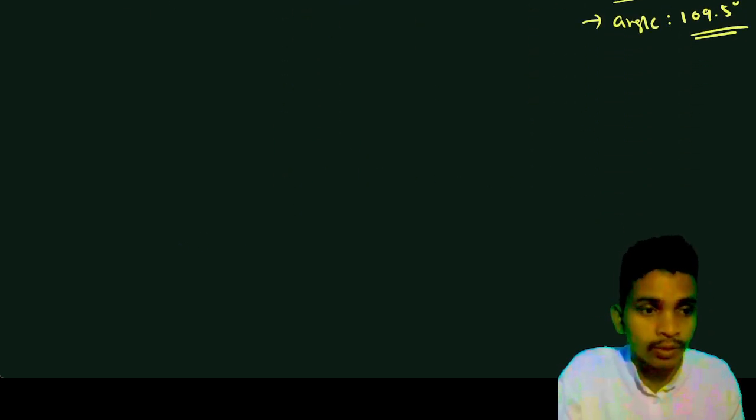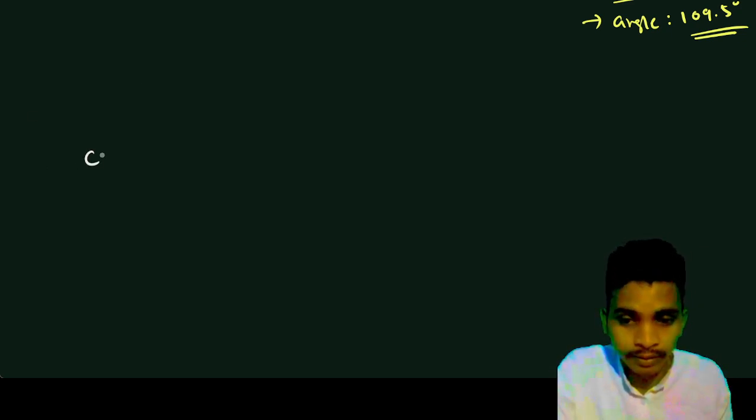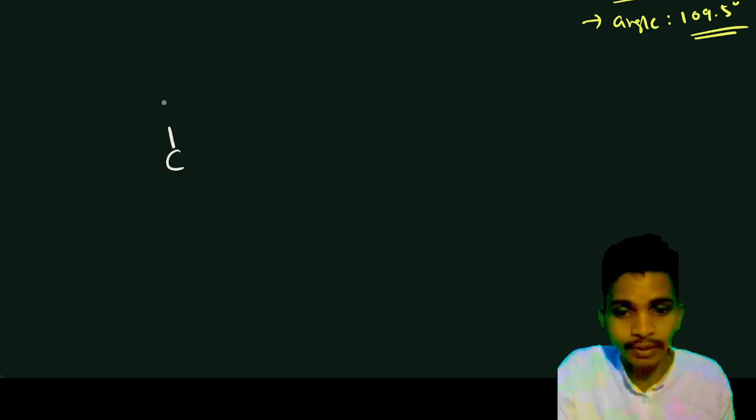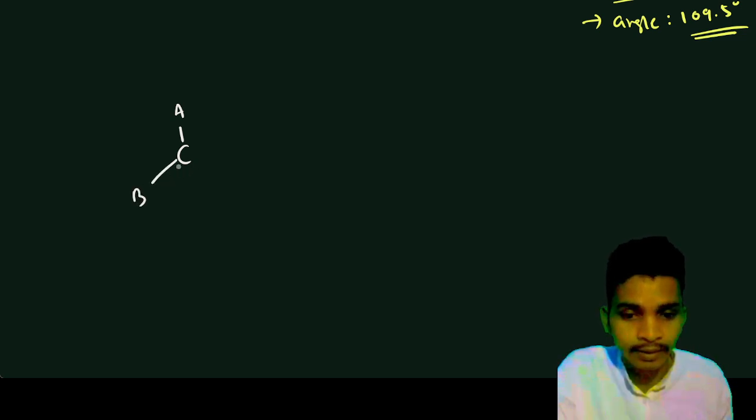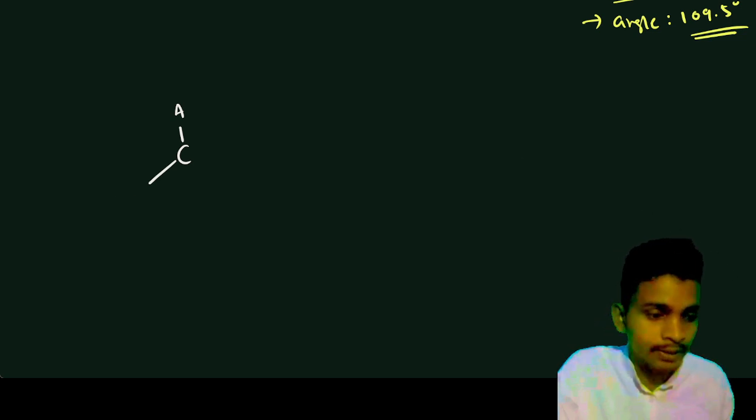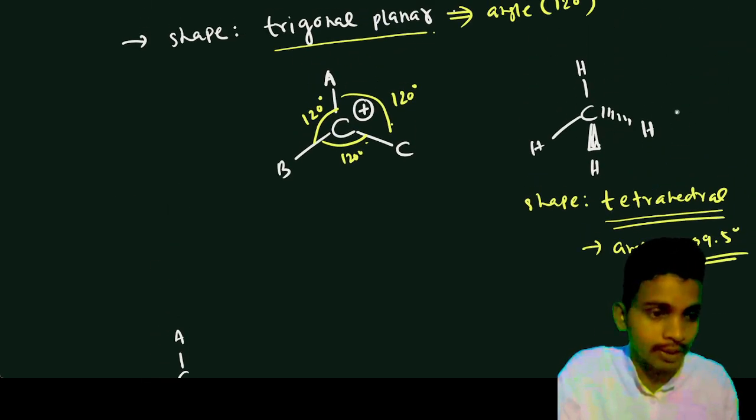So we know this carbohydrates, how does it form? Let's say we have these kinds of atoms here, this carbon here A and here B. This is not planar, this is not planar, because one is above.